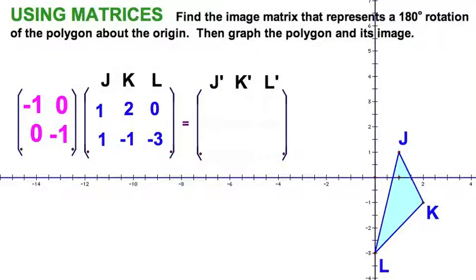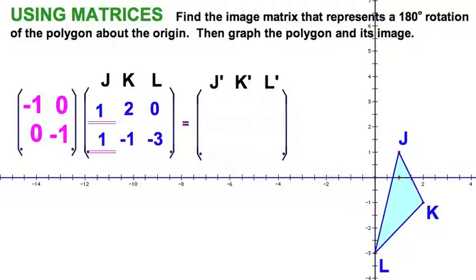And here's another example where we're going to use some matrix multiplication to perform a rotation. In this case, we're going to make a 180-degree rotation of this blue triangle, JKL. This is the pre-image. Let's make sure we've got it plotted right.